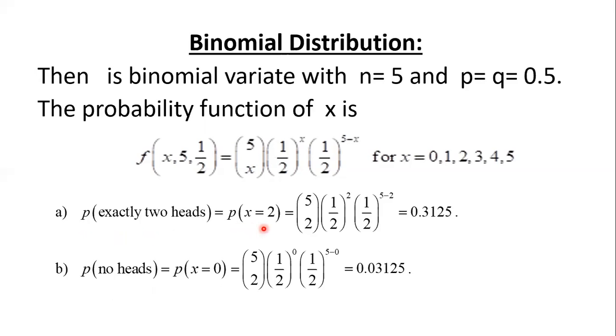Now the probability of x equal to 2 equal to 5C2 into (1/2) to the power 2 into (1/2) to the power 5 minus 2. Finally, we get the probability of exactly two heads equal to 0.3125.